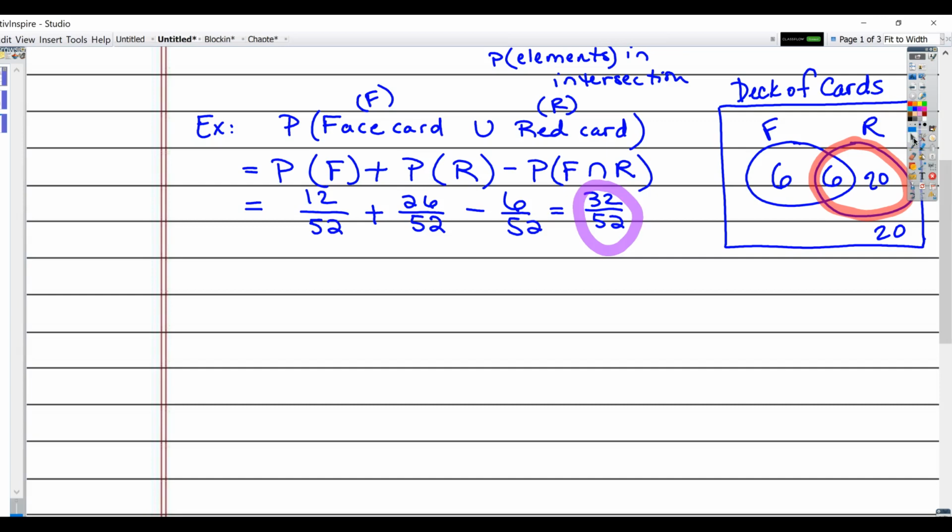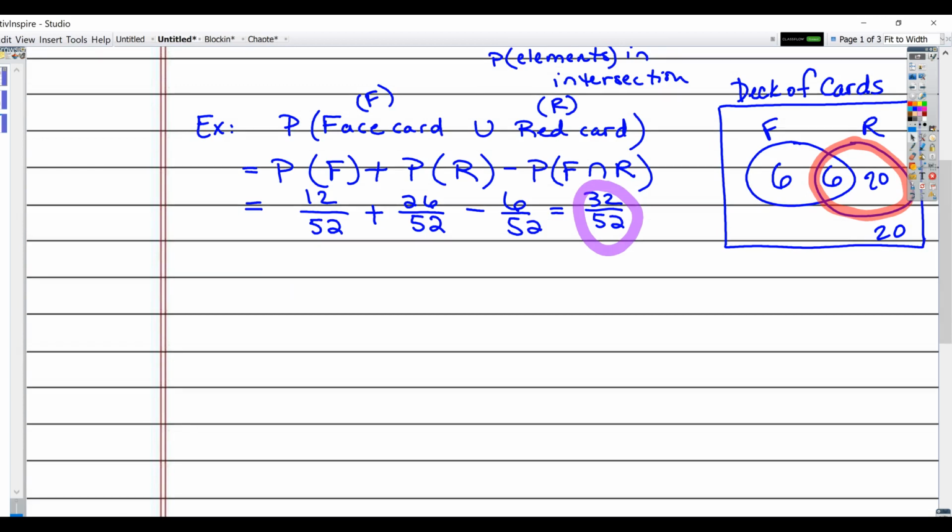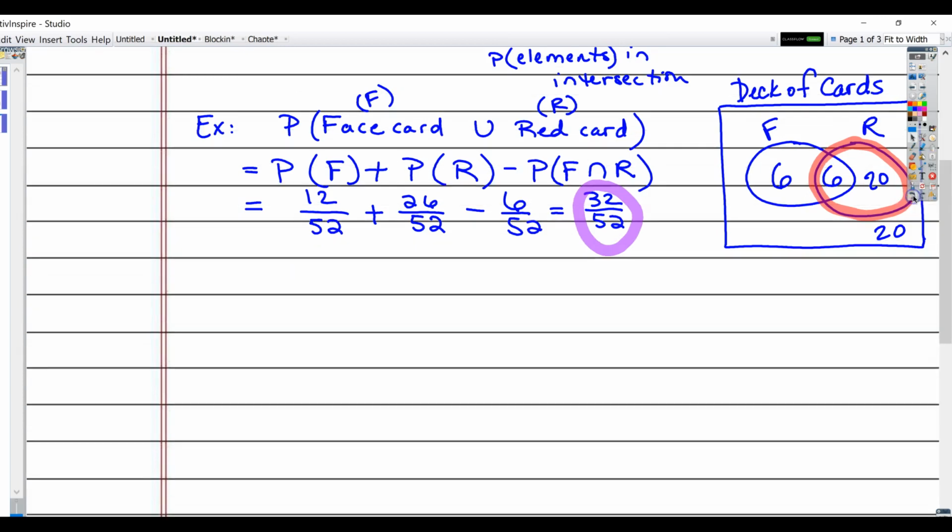Now, when we do our table, it is a two-way table. Okay, we're going to put counts in here. Remember, you can put probabilities, percentages, or frequencies.